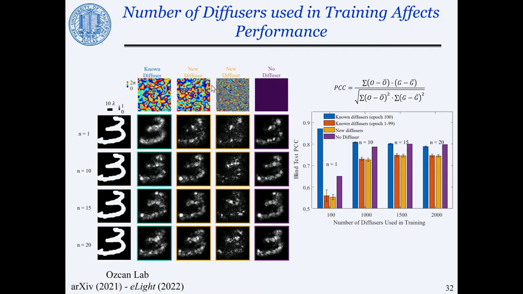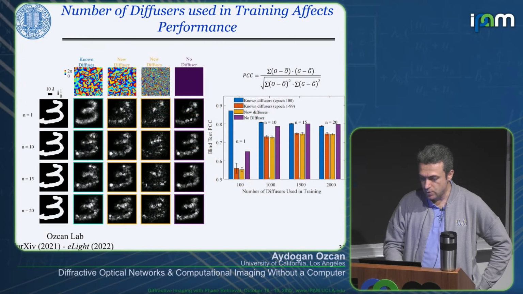If you also change the diffuser statistics and make the grain size of the diffuser even smaller, like this one, for example, is a new diffuser, but with a different correlation length. It's much finer. So we never trained with those kinds of finer diffusers. We always work with this kind of a grain size.